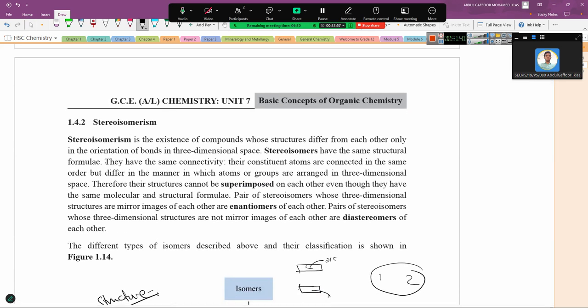So stereoisomerism is the existence of compounds whose structures differ from each other only in the orientation of bonds.